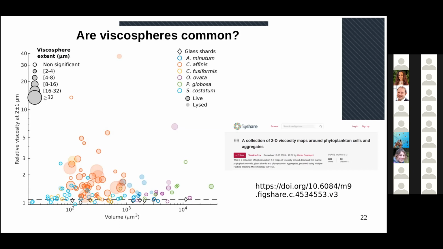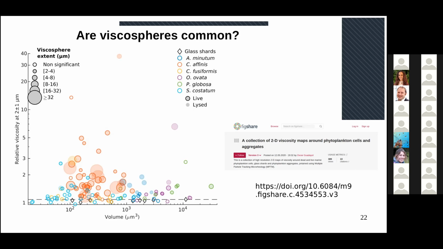We also tested Chaetoceros affinis, Skeletonema pseudocostatum, and Cylindrotheca fusiformis, which are diatoms, and also colonies of Phaeocystis globosa.